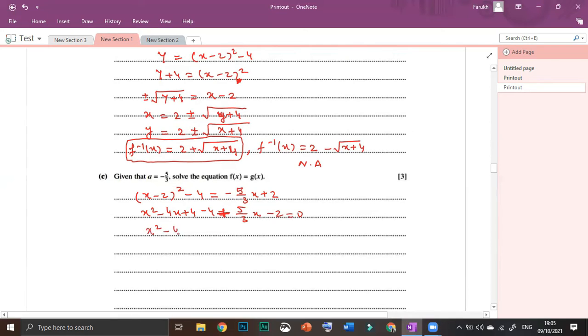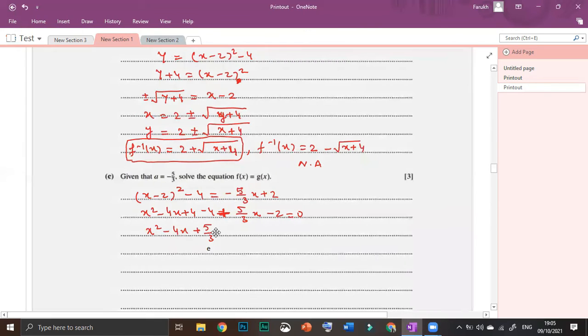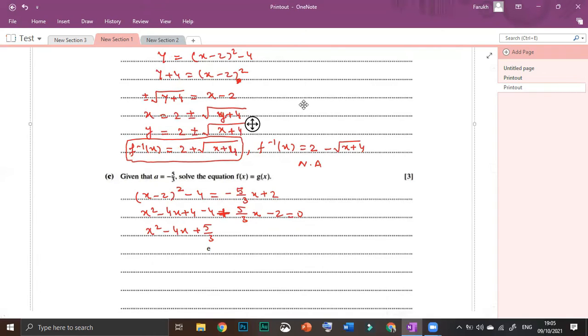X square minus 4x plus 5 over 3x minus 2 is equal to 0.